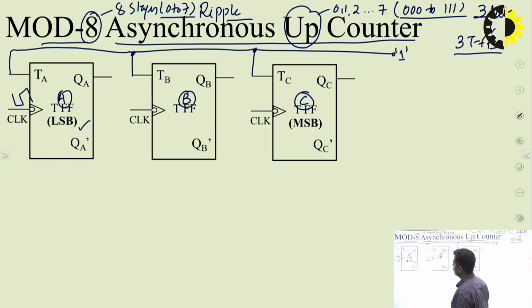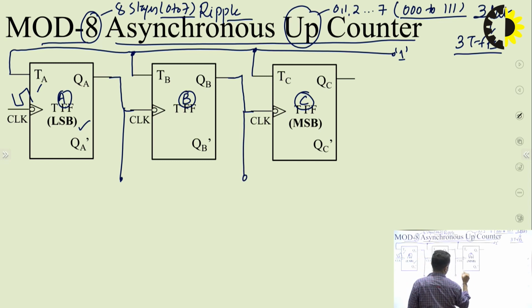Then for the clock connections, the least significant bit will be getting the clock from the external input here. The next flip-flop will be getting its clock from the previous flip-flop output. Similarly, this one will be getting the clock from the previous flip-flop's output.